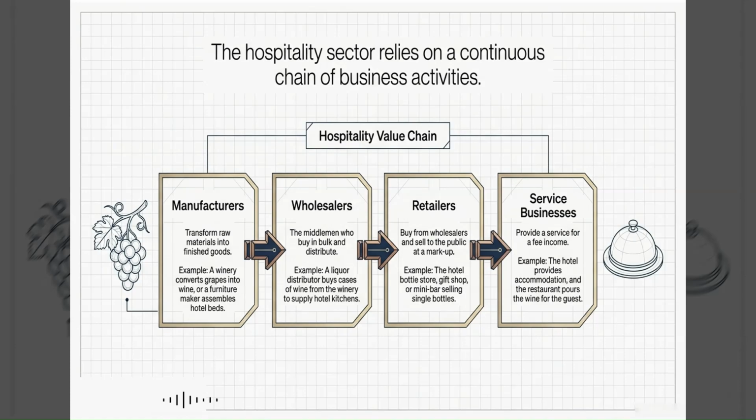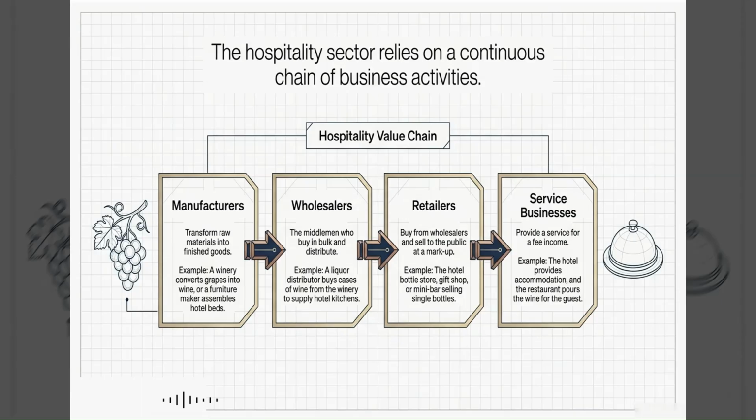A service business provides a service and charges a fee. That income is called fee income. Plumbers, architects, and attorneys sit here, and so do hotels, guest houses, restaurants, conference venues, and travel agencies.